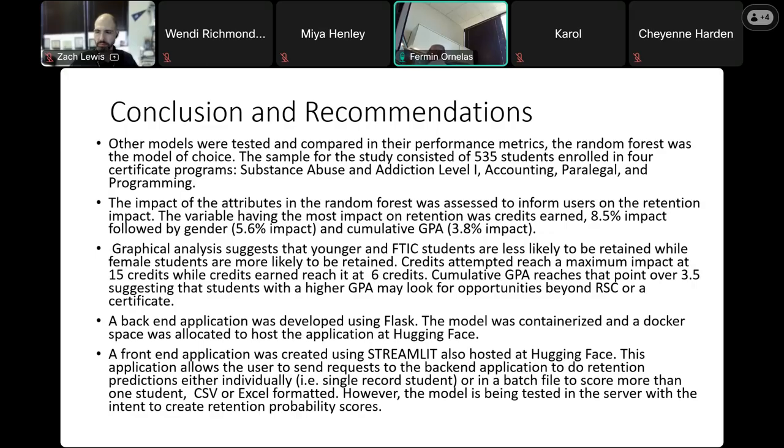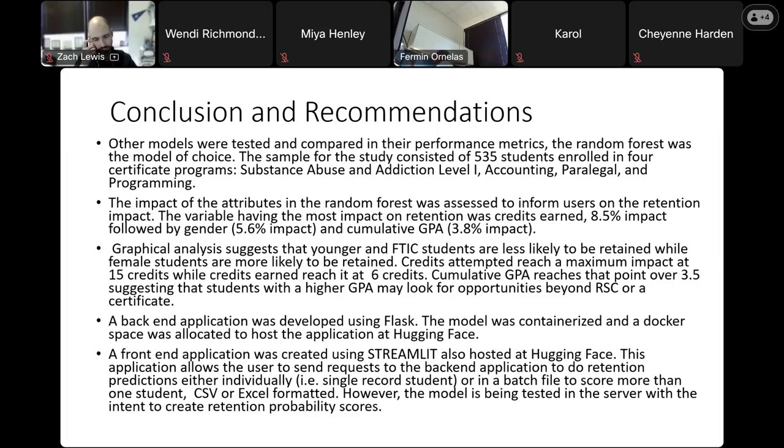The attributes that have the most impact again was credits earned with an 8.5% impact, followed by gender with 5.6%, and cumulative GPA by 3.8. In fact, the two variables that explain the most in the model are credits earned and cumulative GPA.